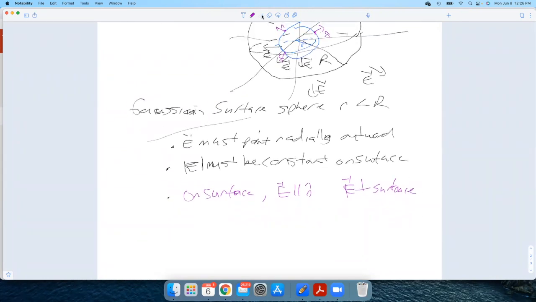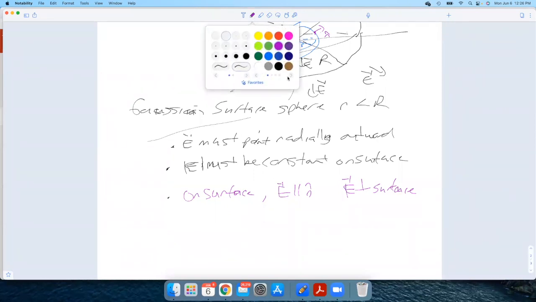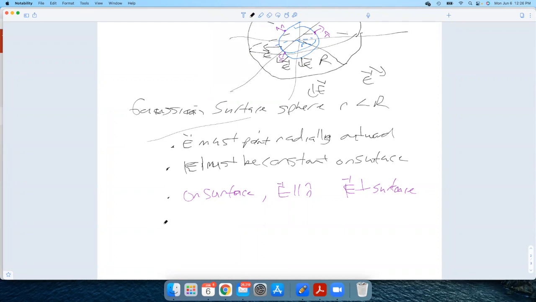Okay. Then the left-hand side is a lot like the last problem. We're going to have the flux through the surface is the double integral of E dot dS. Because of number 2, the dot product of parallel vectors is the product of the magnitudes. So I lose both vectors.